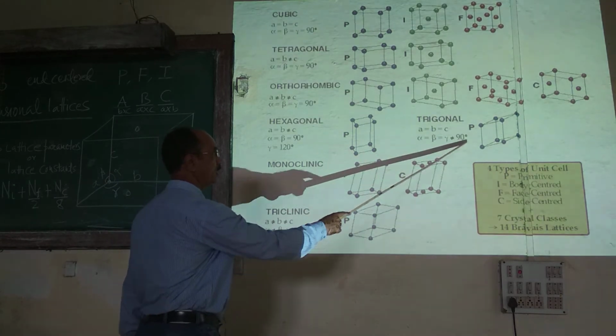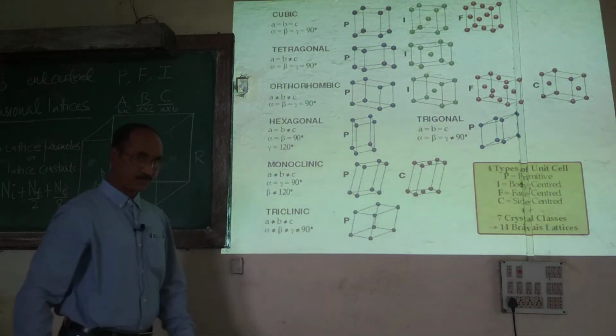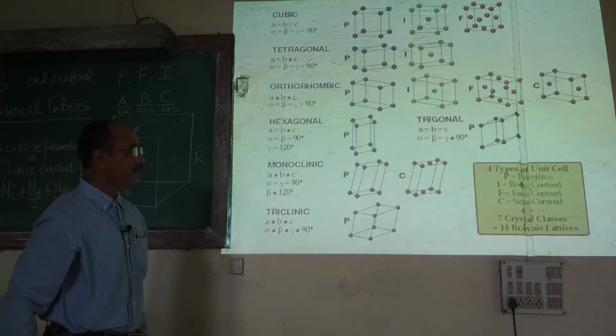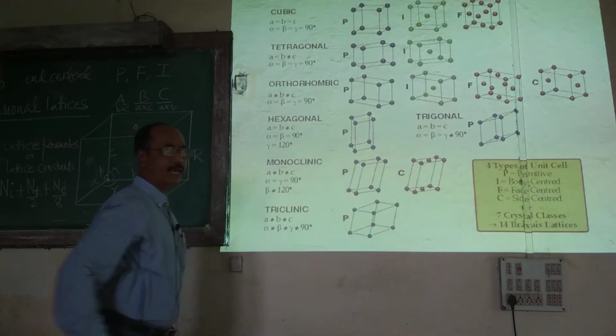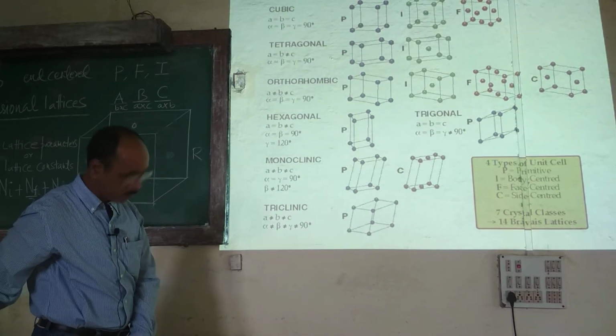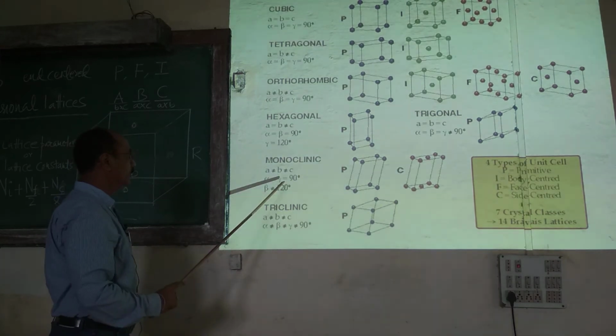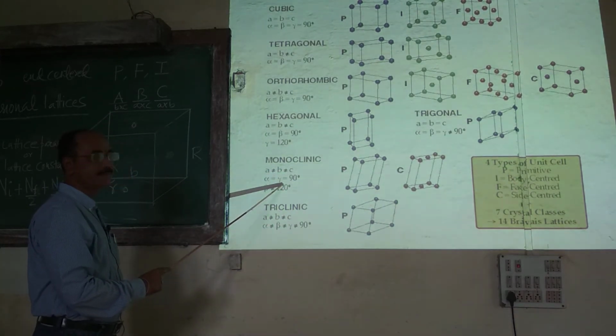These angles are not equal to 90 degrees. It has got only one Bravais lattice, simple trigonal, also called primitive trigonal. Isn't it?